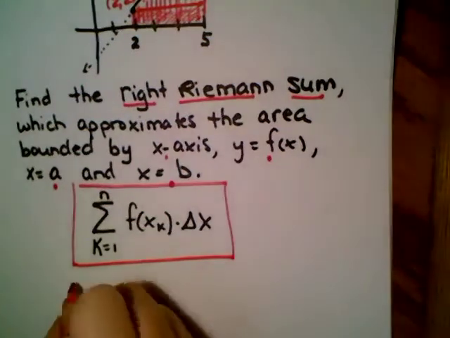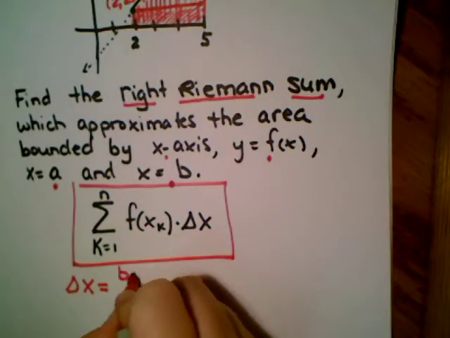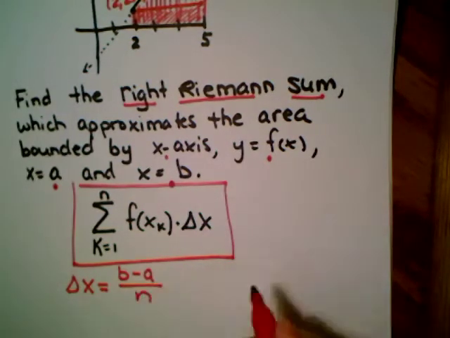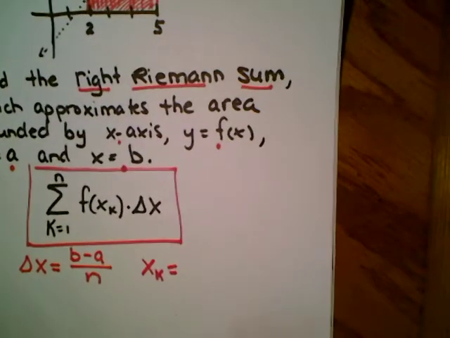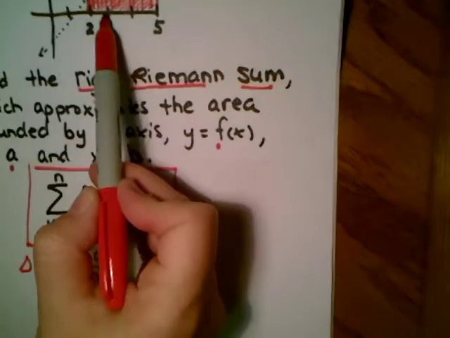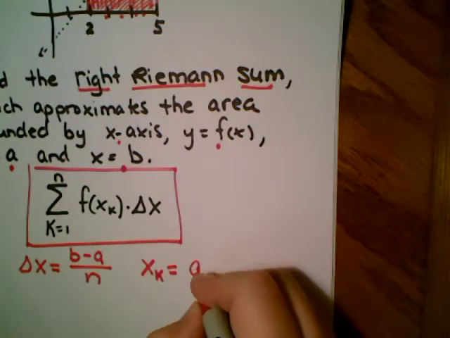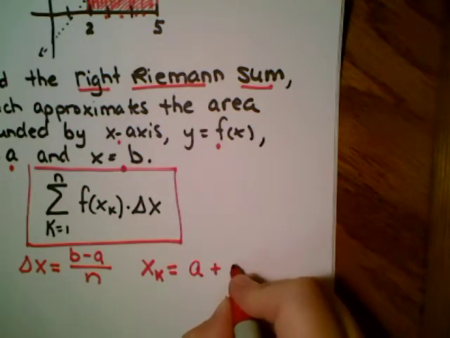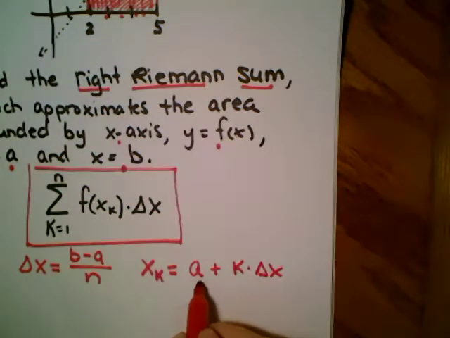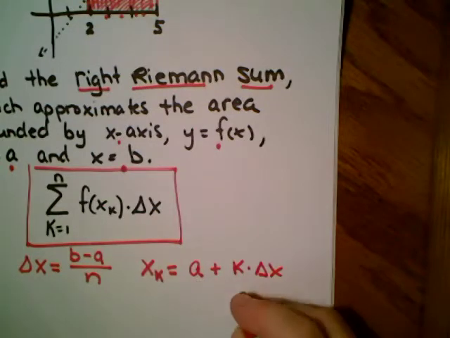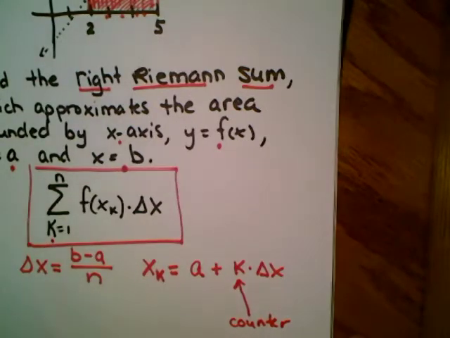We'll write this down again, but just to remind you, delta x, the width of a rectangle, we take the length of the interval, b minus a, divide by n, and if we're doing a right Riemann sum, each x sub k, each grid point along the interval, is of the form a plus k times delta x, where a is the left-hand endpoint and k is just a counter, which we see up here in the summation notation.